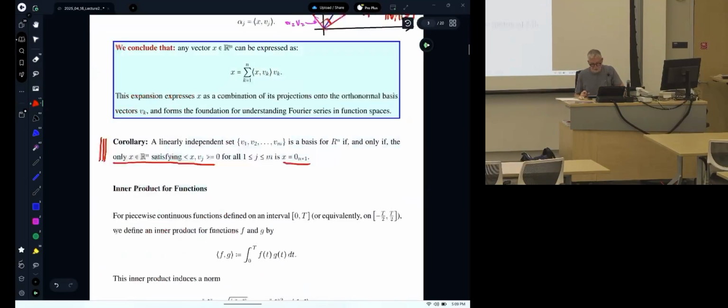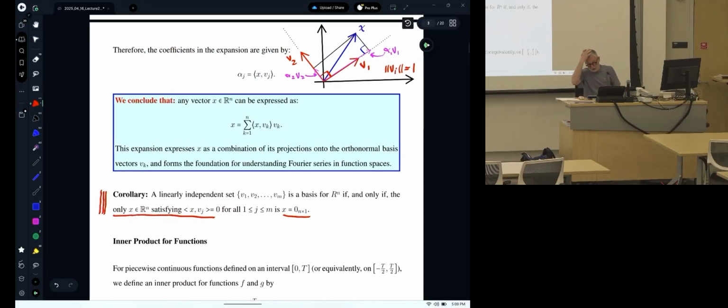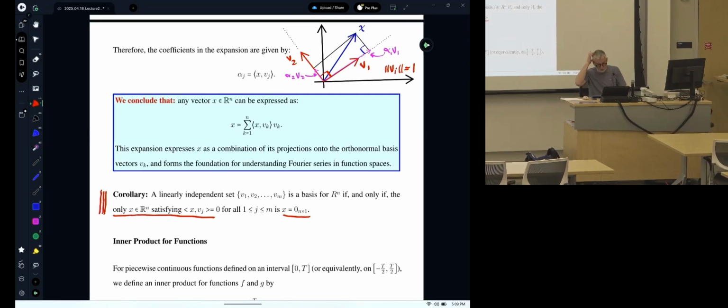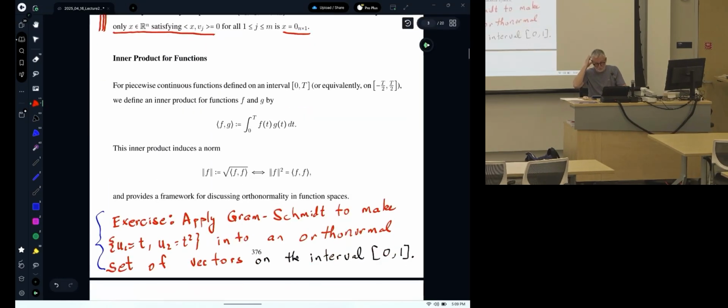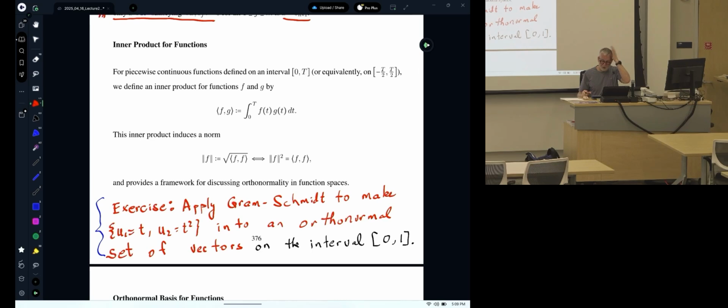So the whole point is we know how to do orthonormal bases in Rn, and if you accept that this is a valid notion of an inner product, and it really does look just like the sum i equals 1 to n f of ti, scaled by delta t.